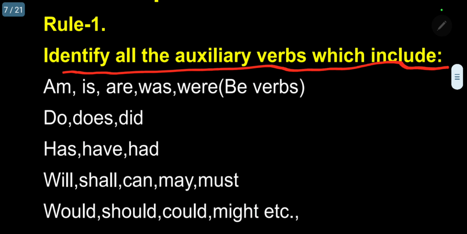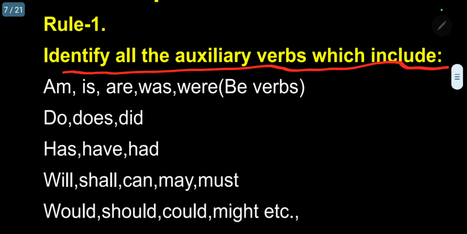And participle, for example, the verb go: V1 go, V2 went, past tense, V3 gone. These three we call non-finite verbs. The finite verb we can further classify into 4 types.